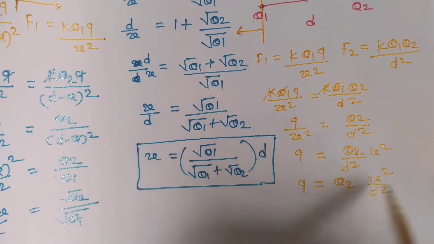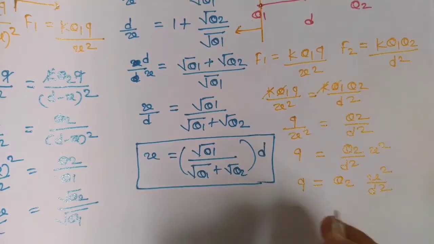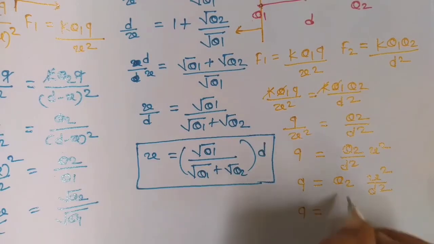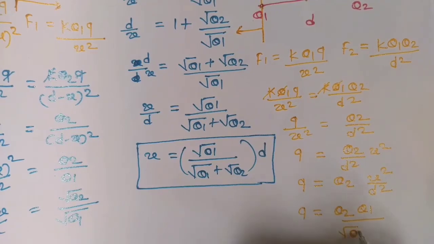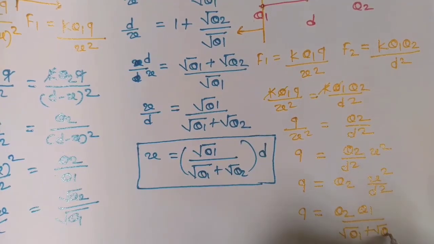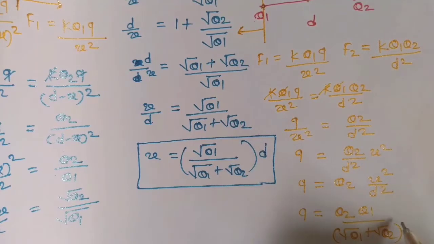We put this value here, so it becomes Q is equal to Q2 times the square of this value, which is root Q1 upon, under root Q1 plus under root Q2, bracket square, into this d square.